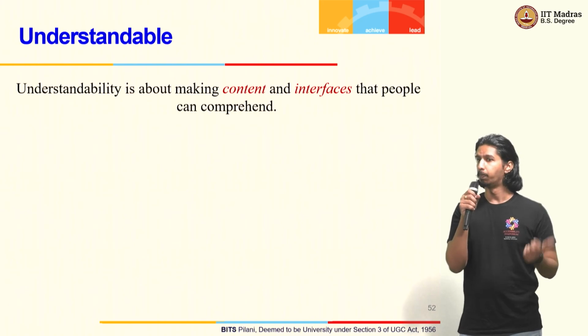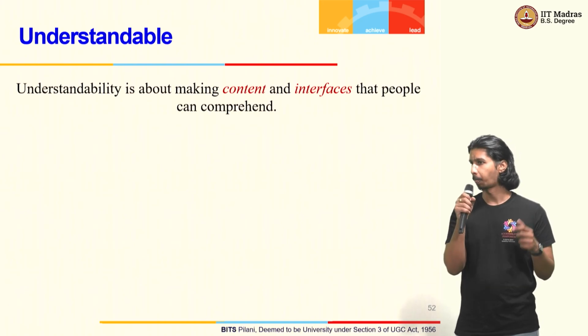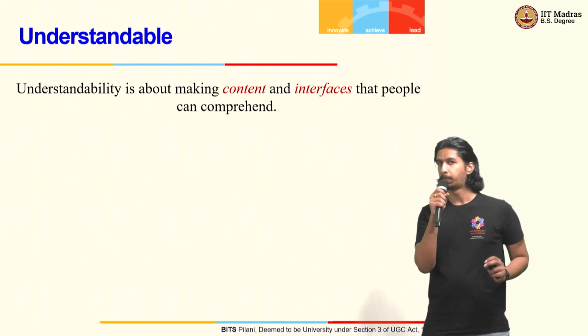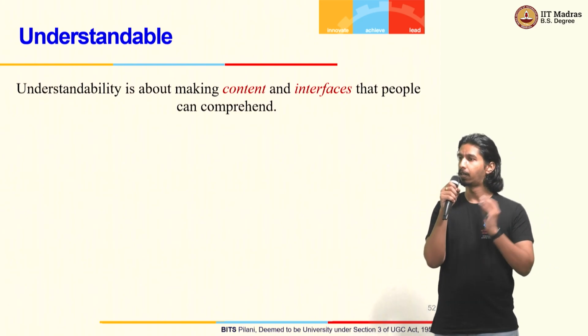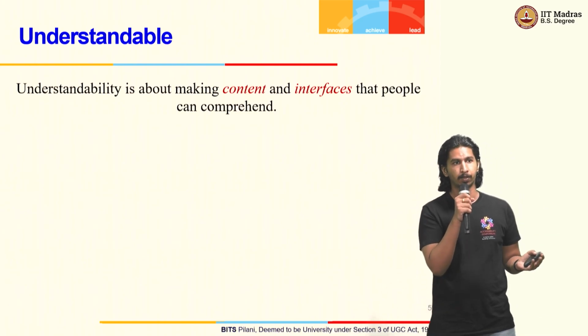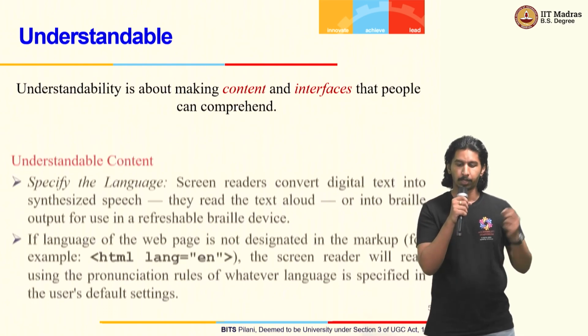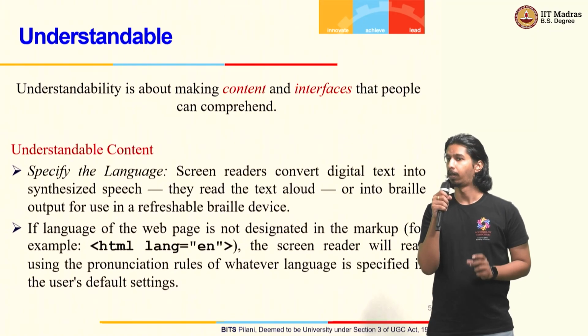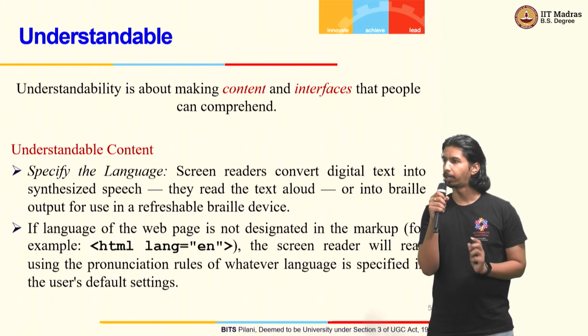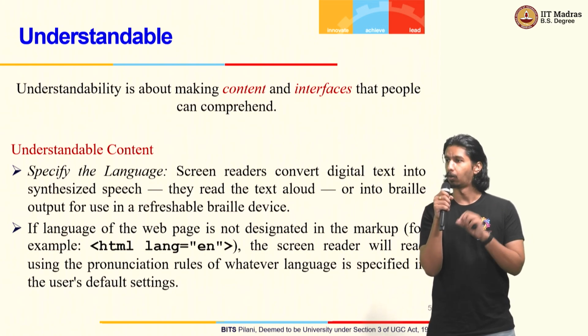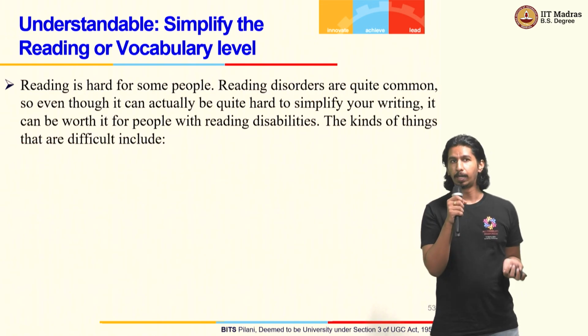Understandable. We looked at perceivable and operable. The third one is understandable. Understandability simply means making content and our interfaces very easy to understand and comprehend. Firstly, for content, we discussed this. For HTML language, for any of the content, try to make it understandable and comprehensible, and try to also keep it simple.